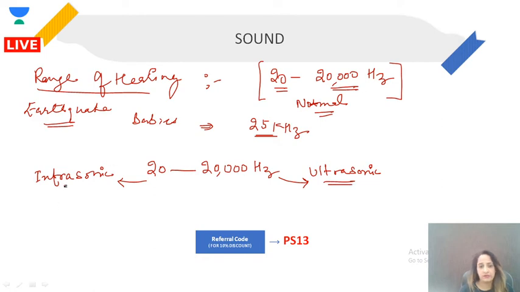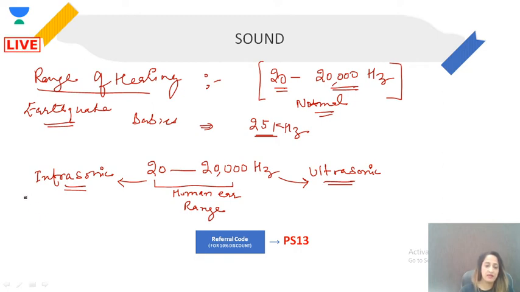It is above and this is below. So the human ear can hear between this. This is the human ear range.